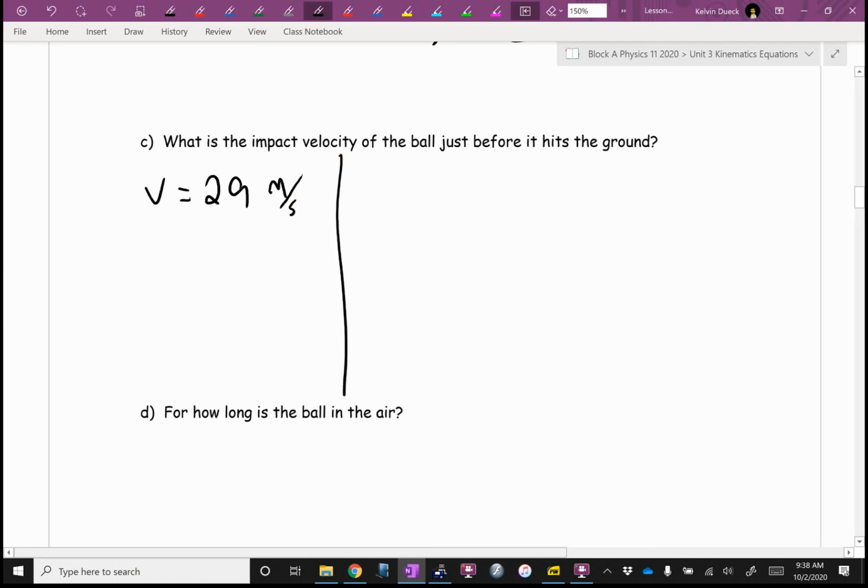Now, what if you couldn't remember that? Okay. You would go like this. VI is 29. VF equals question mark. A is negative 9.8.